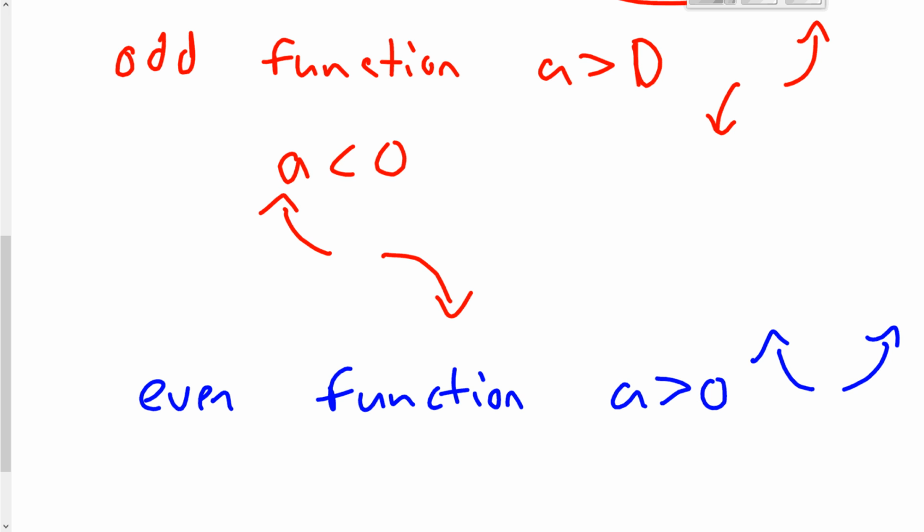As we look toward greater negative numbers on our x-axis, the function goes up, and toward the positives on the x-axis, the graph also goes up. If a is less than 0, then as we go farther to the left the graph goes down, and as we go farther to the right it also goes down. That is what end behavior is talking about.